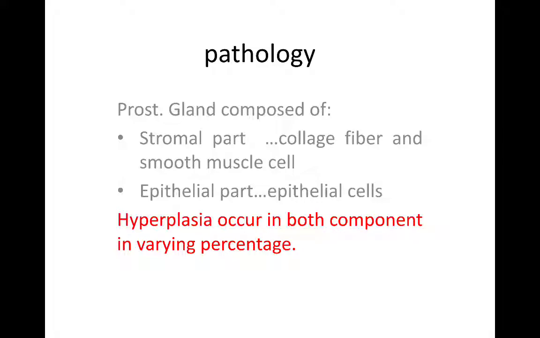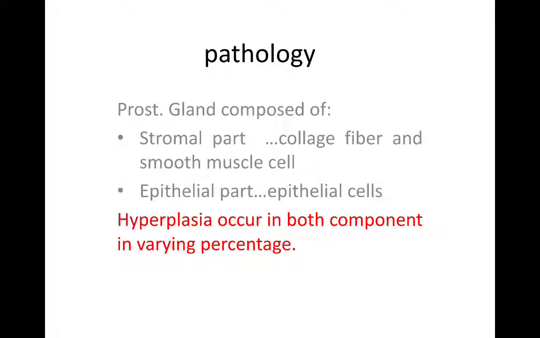The stromal part is composed of collagen fiber and smooth muscle cells, while the epithelial part is composed of epithelial cells. Hyperplasia could occur in any part of them, either in the stromal or in the epithelial or in both of them, but in a different percentage.